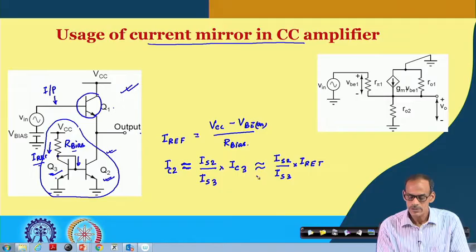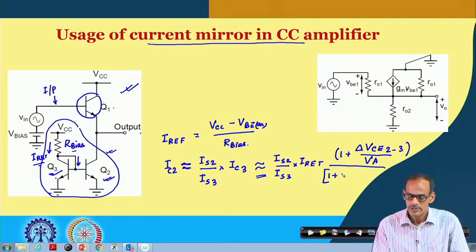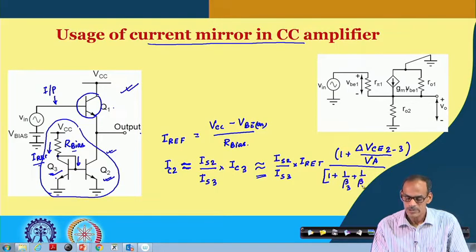And strictly speaking, this approximation is associated with the drop of two non-ideal factors, namely 1 plus the difference of the VCE voltage of transistor 2 minus transistor 3 divided by the early voltage, and in the denominator a non-ideality factor which is 1 plus a function of beta, so we have 1 by beta of transistor 3, then 1 by beta of transistor 2 multiplied by Is2 divided by Is3, and so on.